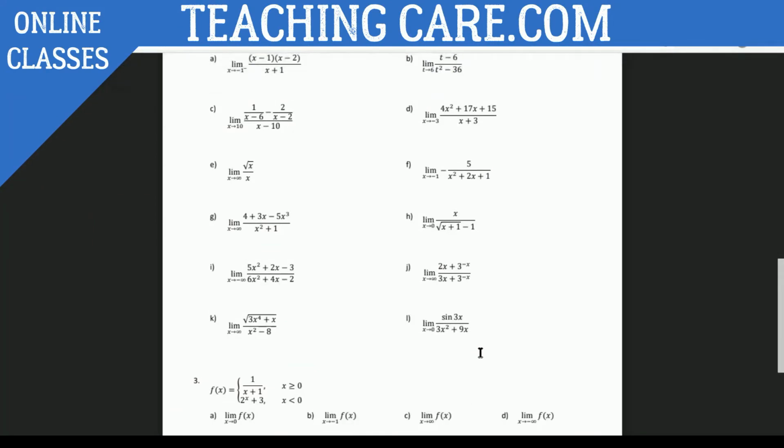L'Hôpital's rule is taught in the calculus class. I think it is not taught. It will be coming afterwards. Okay, never mind. So we will just go and see. You can solve this graphically, that is, you can use a graphic calculator for this, or numerically also.